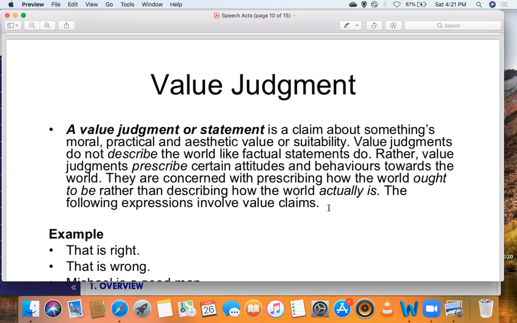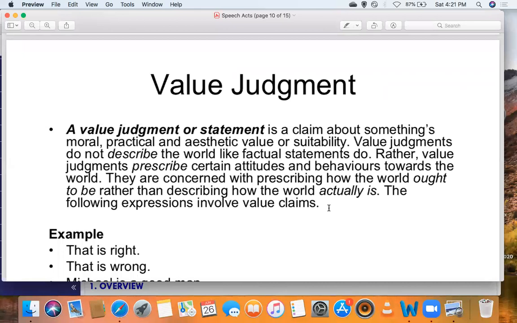They are claims about something's moral, practical, or aesthetic value or suitability. Value judgments do not describe the world like factual statements do. Rather, value judgments prescribe certain attitudes and behaviors towards the world. Value judgments are concerned with prescribing how the world ought to be, rather than describing how the world actually is.